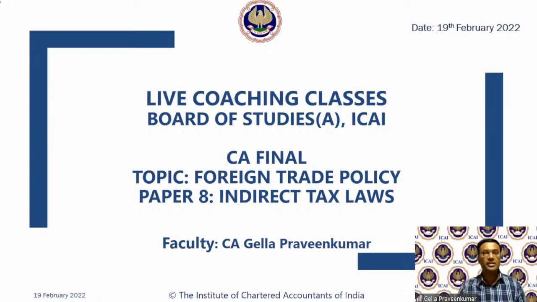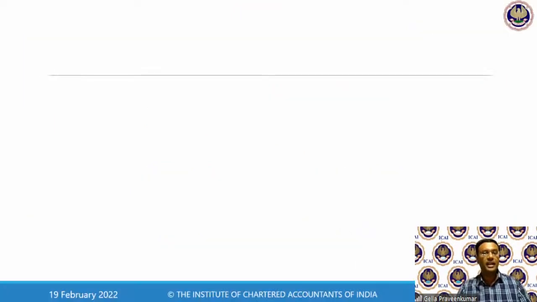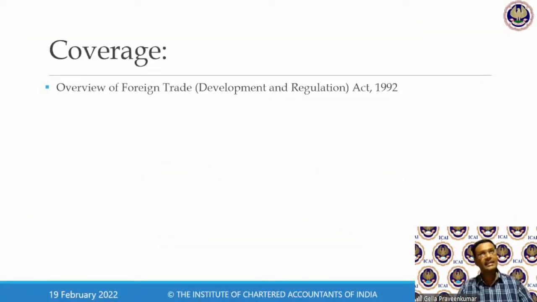Great. So let's start with our discussion on foreign trade policy. From the examination point of view, you'll have one MCQ and one theory question for 4 marks in terms of evaluation of Advance Authorization, or RODTEP, Refund of Duties and Taxes on Exported Products, or EPCG, eligibility for claiming Export Promotion Capital Goods.